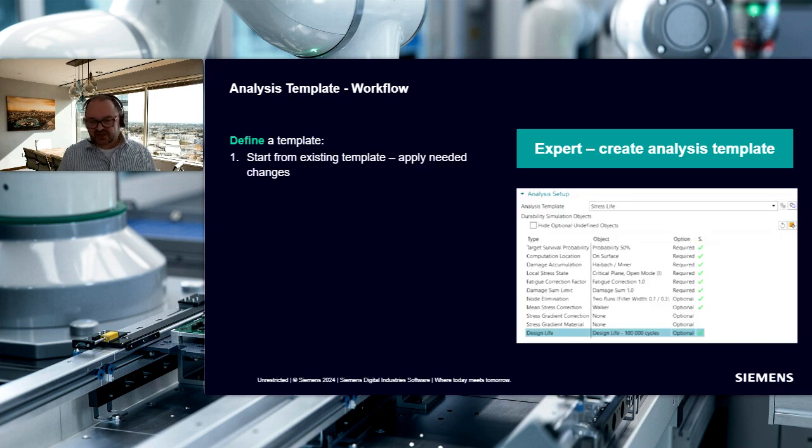So first, we have some typical fatigue methods, like stress life or strain life. And for each of those, we have a predefined open template, which typically defines a set of parameters.